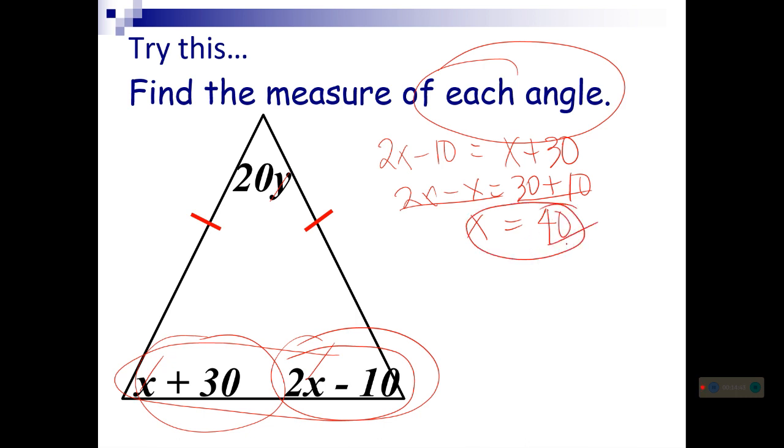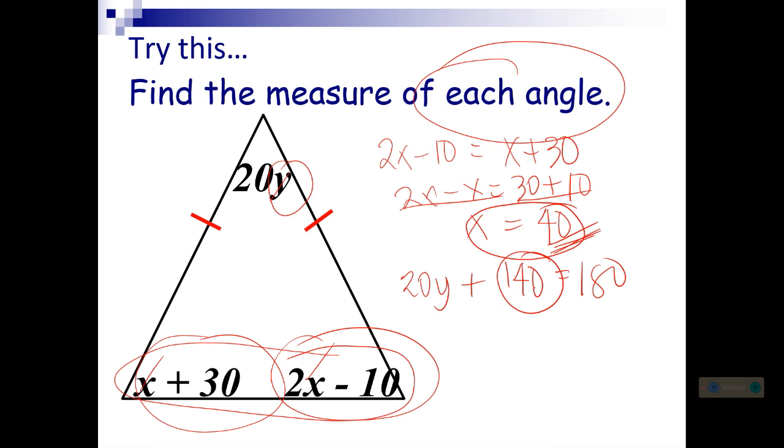Okay? So we are going to use this for us to find the value of our y. So you will have here 20y plus 140 equals 180.